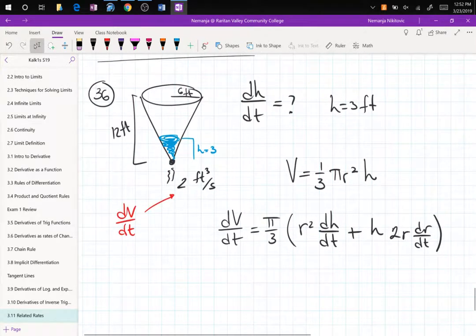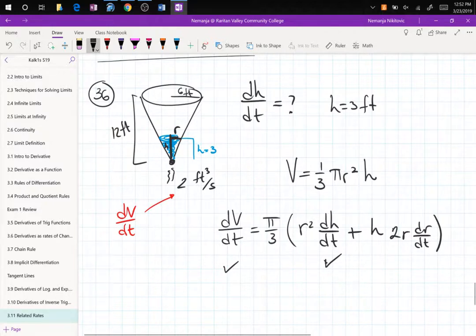All right, so now what do I have? This is where my r and my h are within the water that still needs to be drained. So if I look at this, they are asking me for dH dt. dV dt I know.